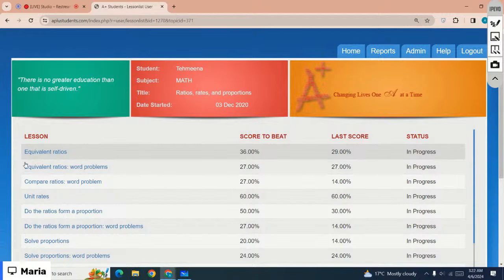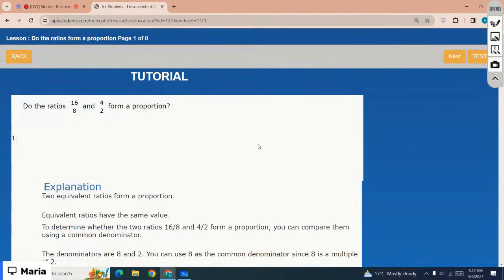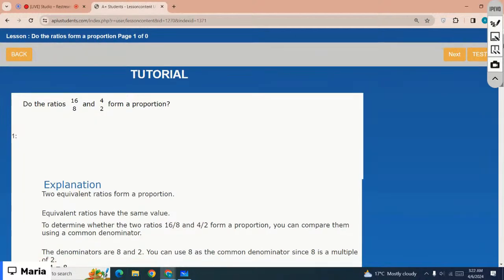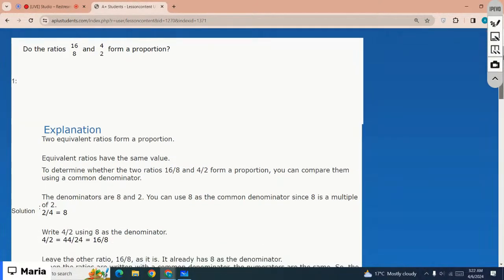Let's just start with the next lesson. That is do the ratios from a proportion. Okay, so let's start with the first example. Do the ratios 16 by 8 and 4 by 2 form a proportion? So how do we know, right? Two equivalent ratios form a proportion, right? If the ratios are equivalent, that means they form a proportion, right?